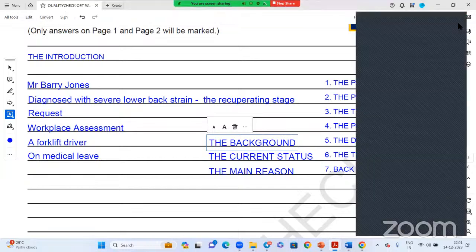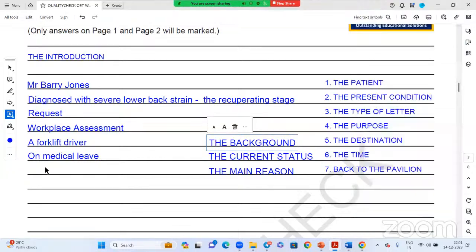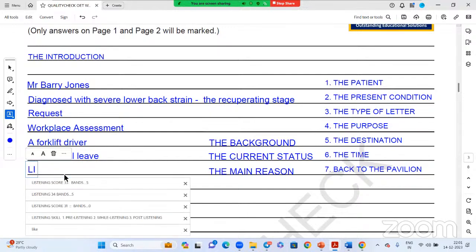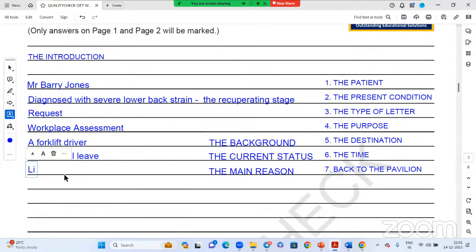Severe. Now here, the reason is he was actually lifting heavy objects at work. That's the reason behind this.